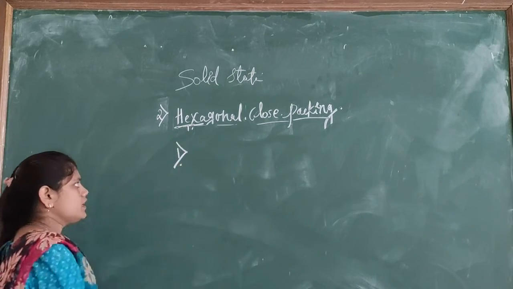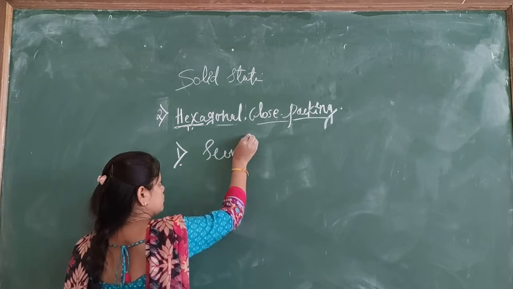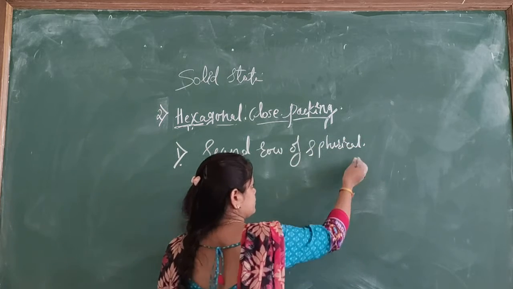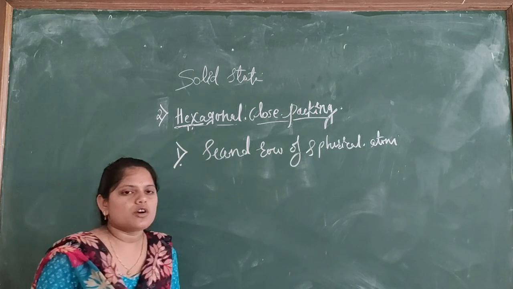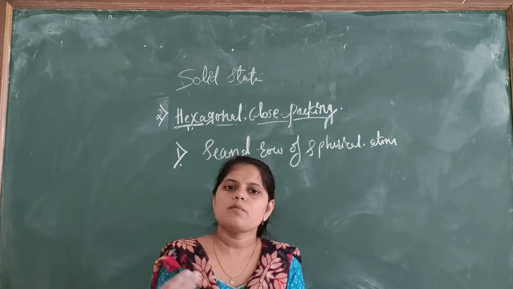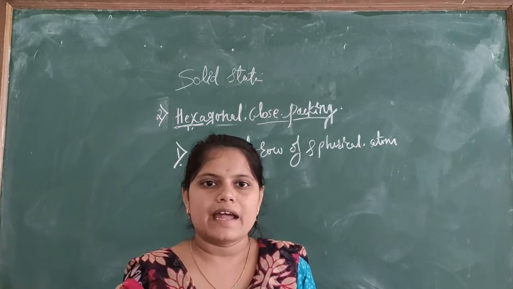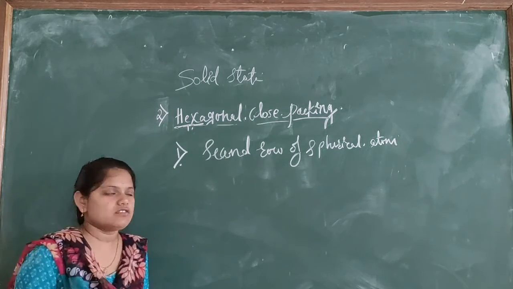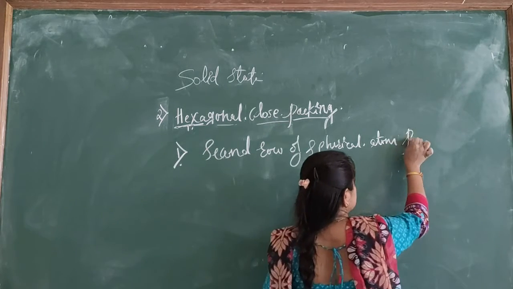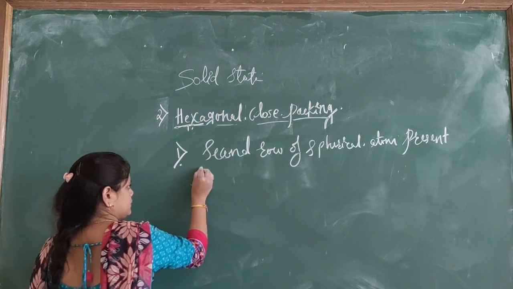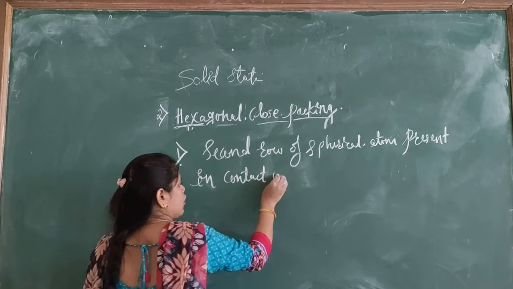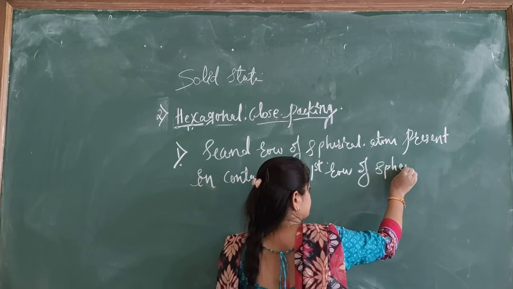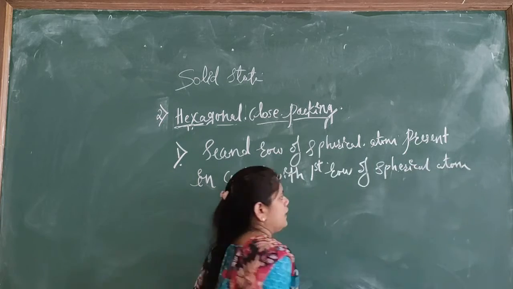Here, the second row of spherical atoms is present in contact with the first row of spherical atoms in such a way that the second row is present above the first row in staggered manner. So I will show that arrangement.